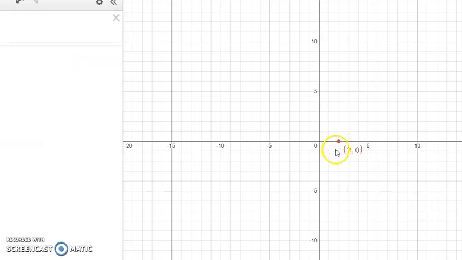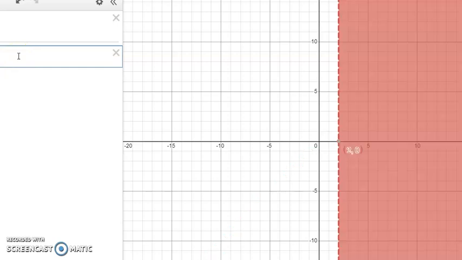So there's the point. It's going to be a vertical line through the point 2 and 0, right? Because x is always 2. So it's going to be x greater than or equal to 2. You'll notice that it's a dotted line this time. I mentioned that earlier. That's because there's no equal sign in the inequality. Okay? So there's your line through.